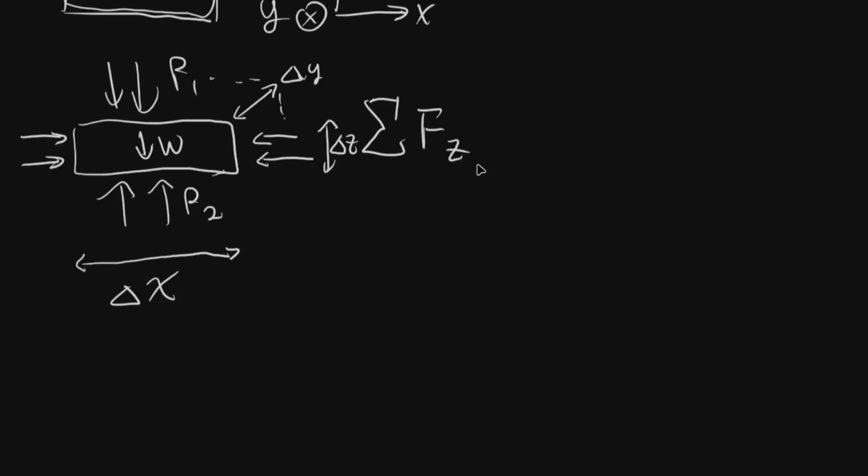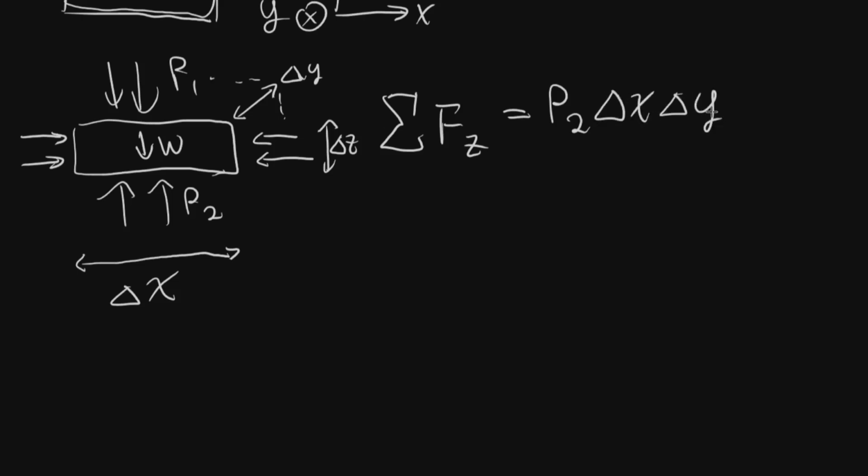Okay? So the sum of the forces in the z direction are going to be this upward pressure times the area of our slice, which we can see right here is going to be delta y times delta x. So we'll have P2 delta x delta y minus, in the negative z direction, this P1 times the same area, delta x delta y.